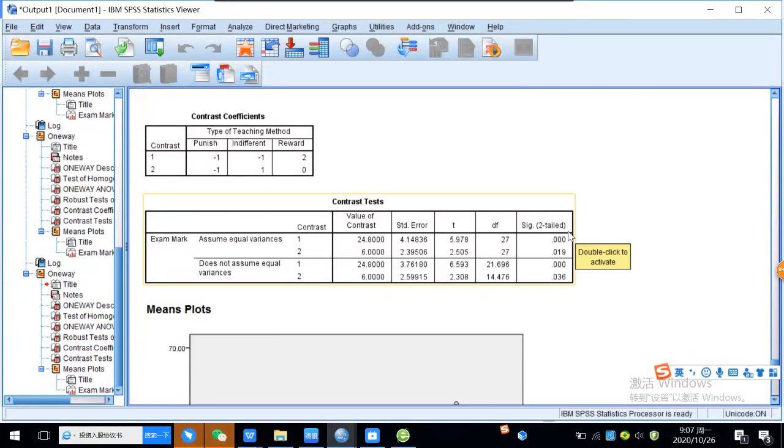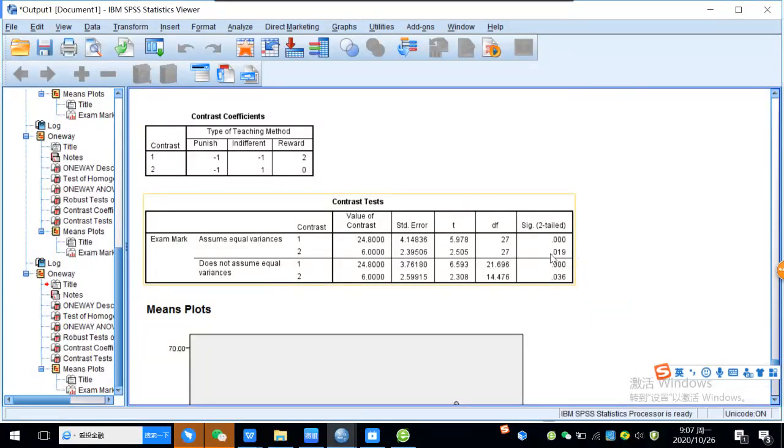Because there it is less than 0.0001, we didn't divide by 2. But here, 0.019 divided by 2 is 0.0095, which is less than 0.01.